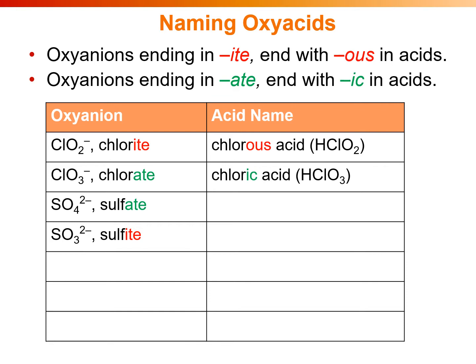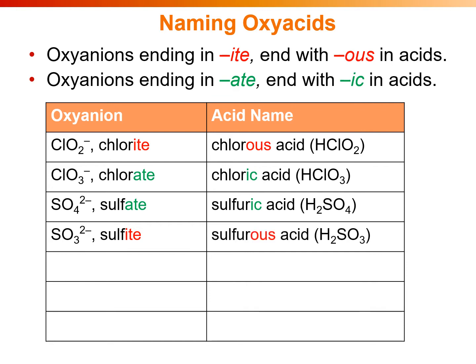The sulfate ion would give us sulfuric acid. So a little bit different with the name. We're actually including the entire name of the element and giving it the ending. So sulfuric acid, and an acid made from sulfite would be sulfurous acid. So a little bit of variation, not a big one, but you can make a little mistake there.